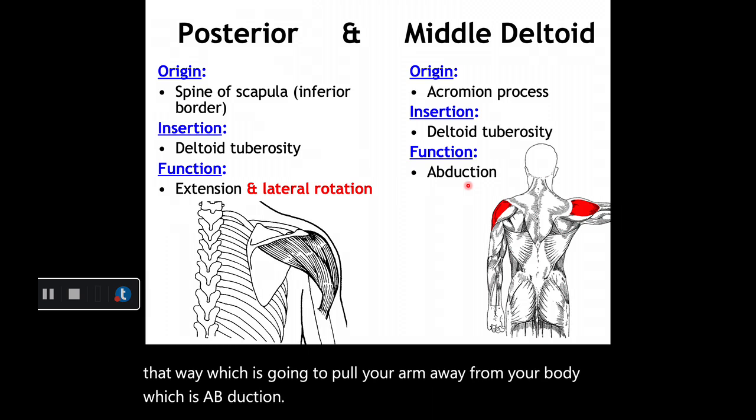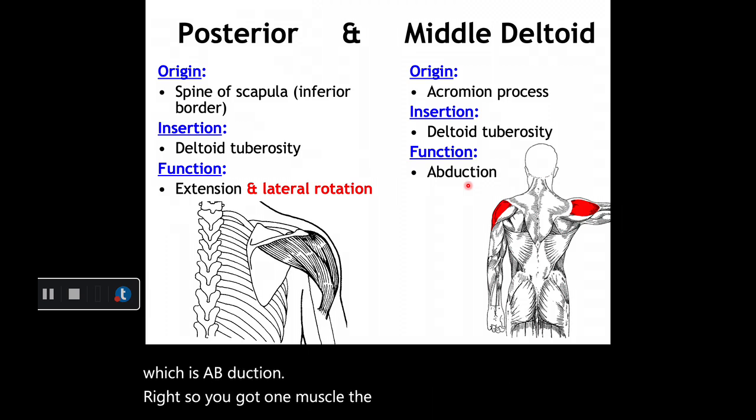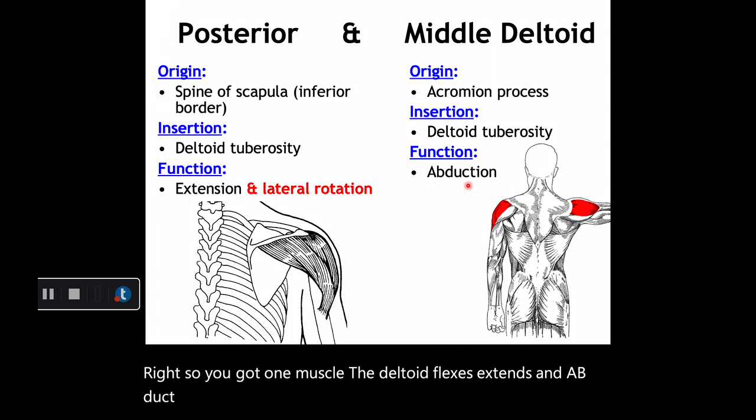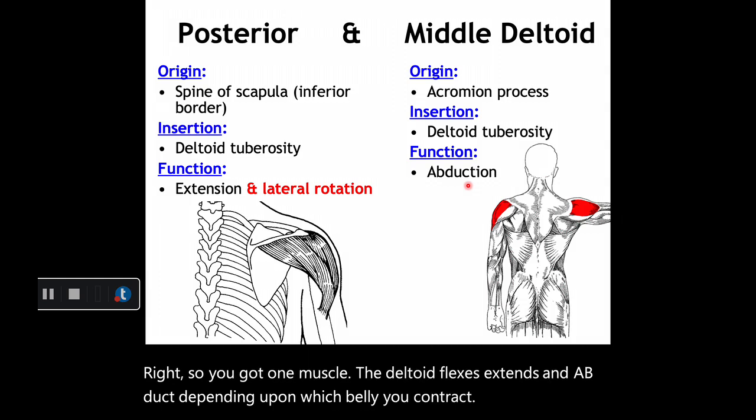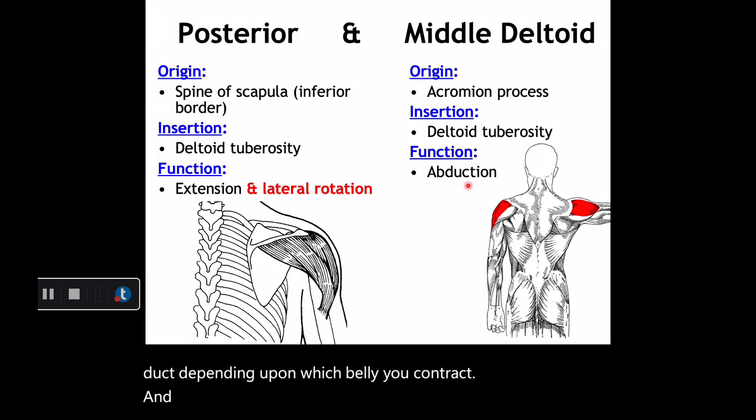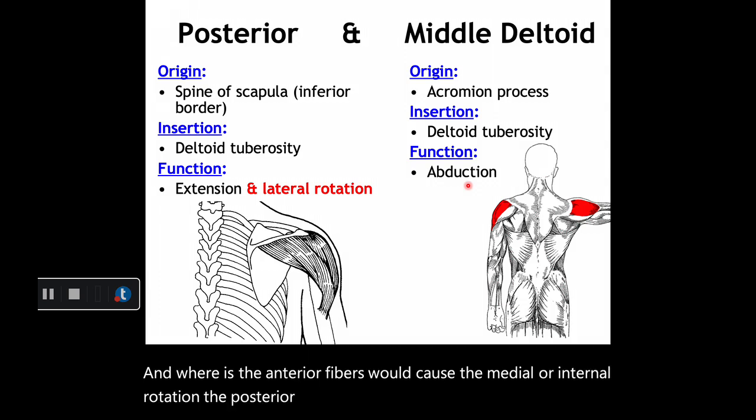So you got one muscle, the deltoid, that flexes, extends, and abducts, depending upon which belly you contract. And whereas the anterior fibers would cause medial or internal rotation, the posterior fibers would produce lateral or external rotation at the shoulder joint.